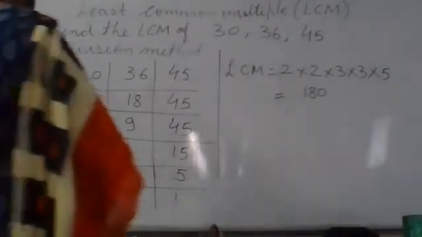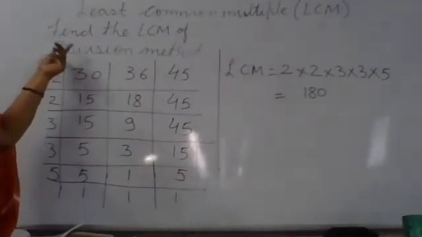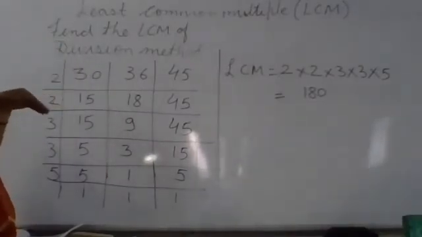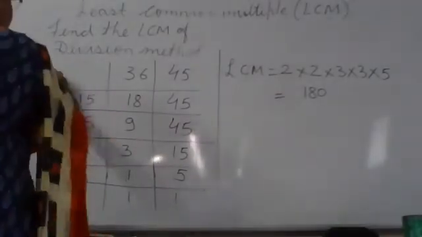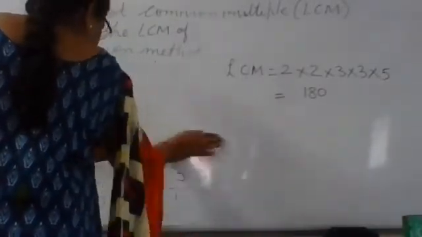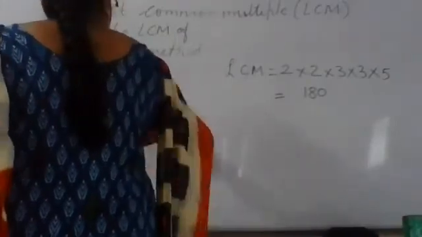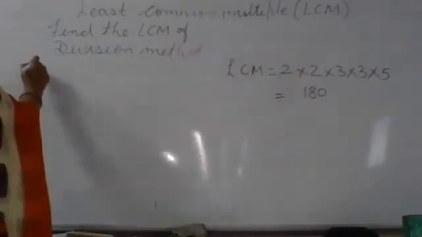Find the LCM of the following. You can use the common division method or you can use the prime factorization method. First, 12 and 15.